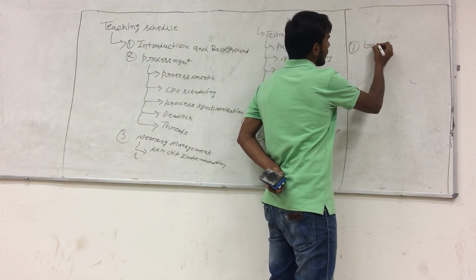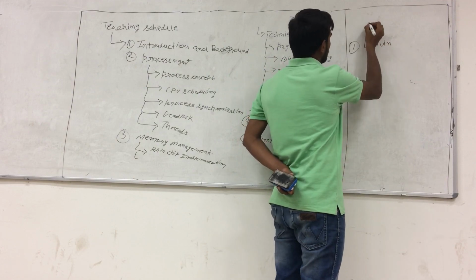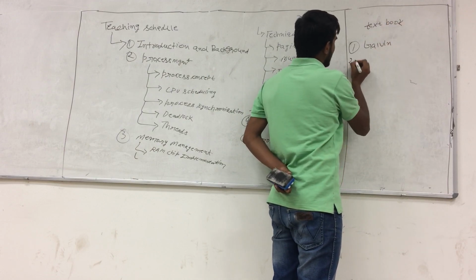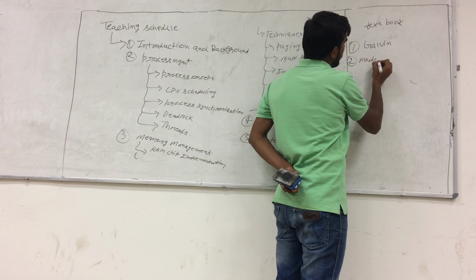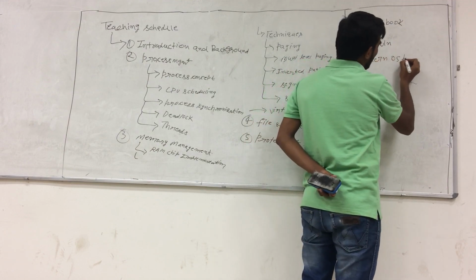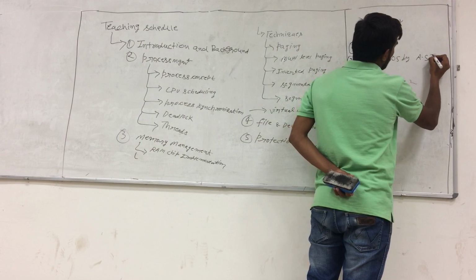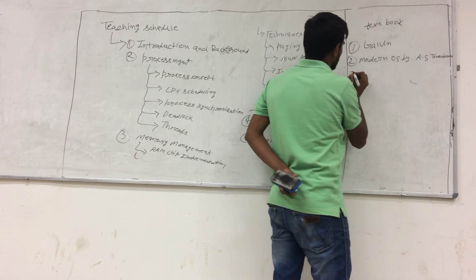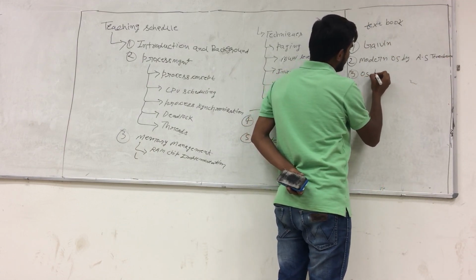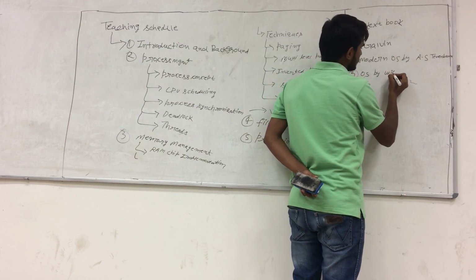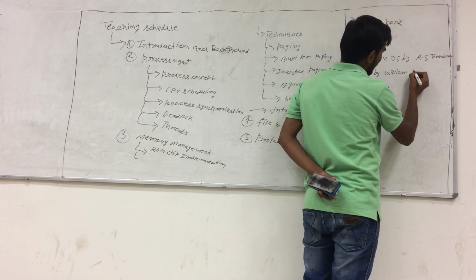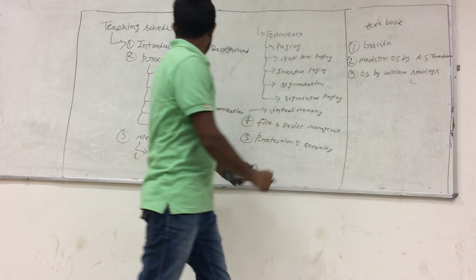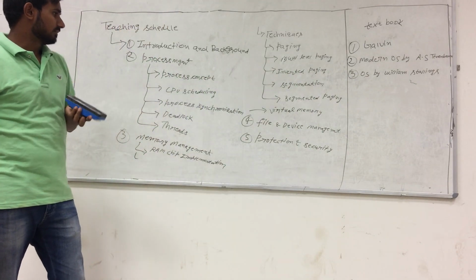One is Galvin, second one is Modern Operating Systems by A.S. Tannenbaum. Third one is Operating System by William Stallings. These are the agenda for the operating system part.